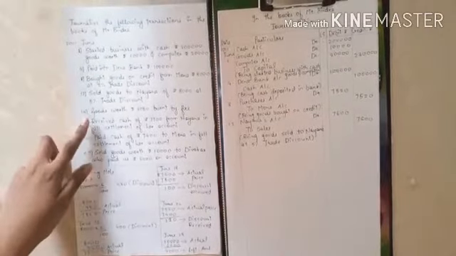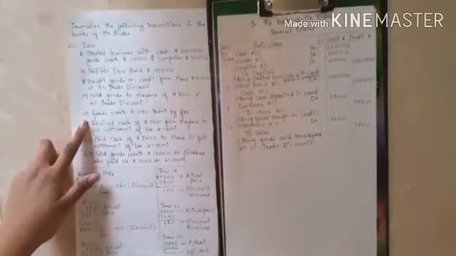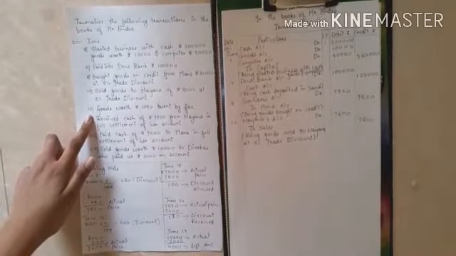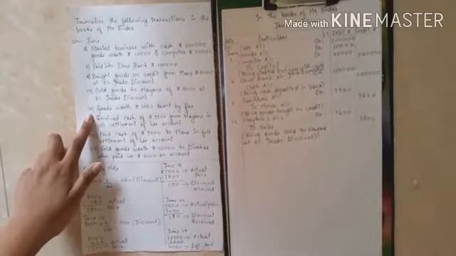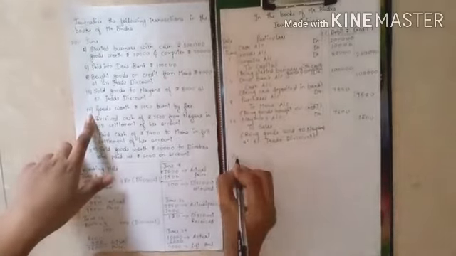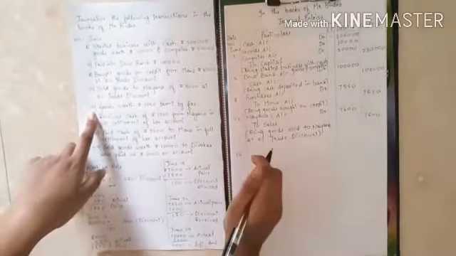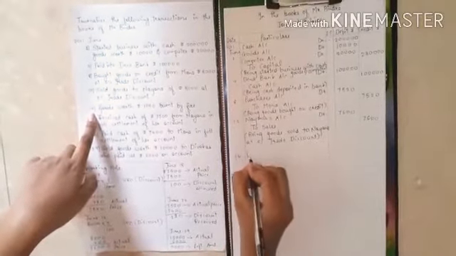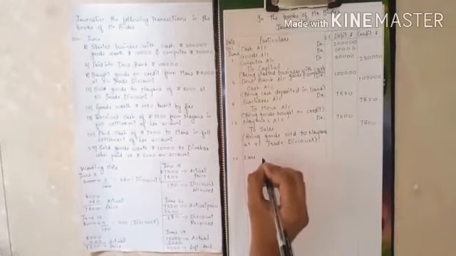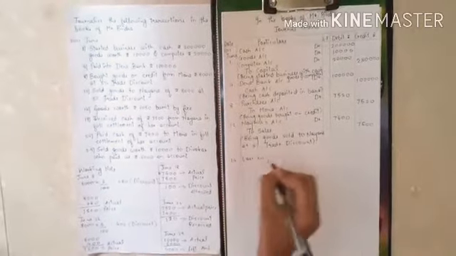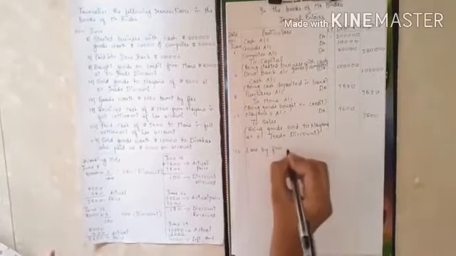Another one, goods worth rupees 1050 burnt by fire. Now here this is the loss of Mr. Bindra. So we will write here on 14th June, loss by fire account. Now goods are being destroyed by fire, so loss by fire account will get the debit effect.